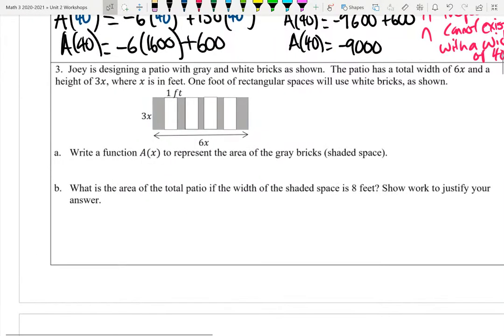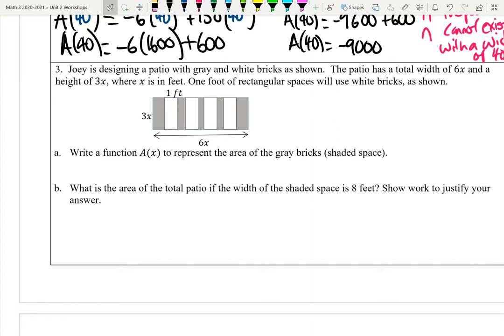All right, my main man Joey is designing a patio with gray and white bricks as shown. The patio has a total width of 6x and a height of 3x, where x is in feet. Essentially, this is to keep them in scale.